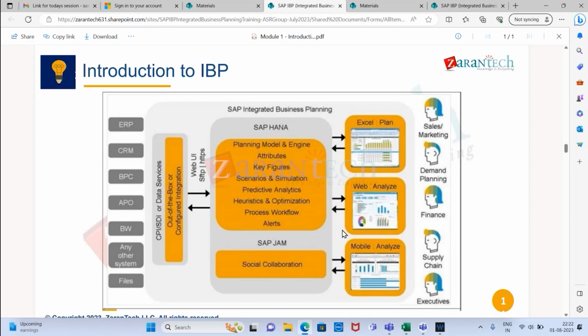Okay, so on the right side you see various ERP systems. What is ERP? ERP is basically enterprise resource planning. It is nothing but a type of MRP.